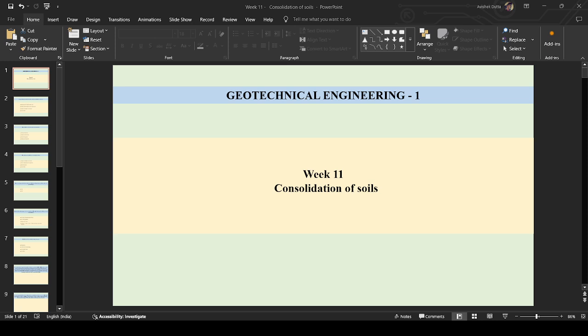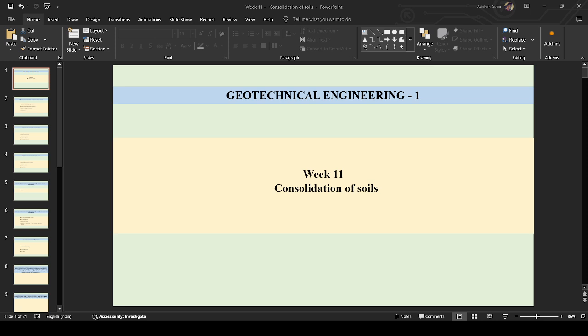Partially saturated soil means it has both water and air in the voids. So there are three stages mainly. First is the initial consolidation, which is similar to compaction, that is, the expulsion of air in the voids. Then comes primary consolidation, and then secondary consolidation.